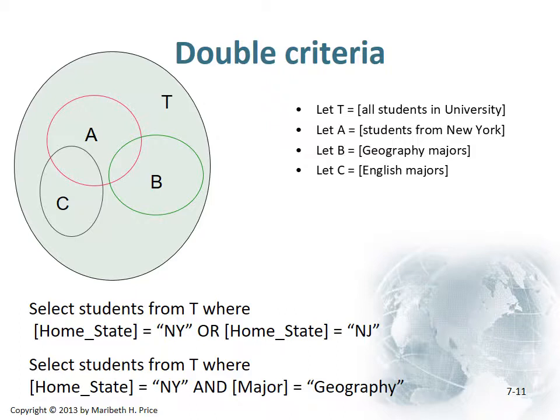The second statement is those students who are from New York who are also geography majors. So we're combining two different variables at the same time within the same SQL statement. And so if you think about the logic that might be involved here, we could make a chain of multiple criteria that are being used within a single query. As long as we build the query properly, we can search many different variables at the same time to get records out of that table or the data universe.